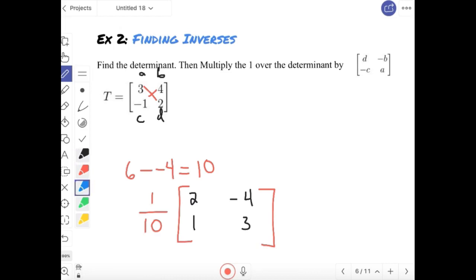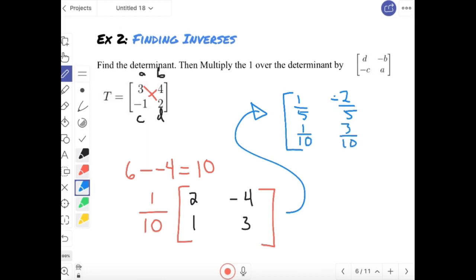So that means I'm going to come back up here. 2 times a tenth would be 1/5. Negative 4 times 1/10 would be negative 2/5. 1 times a tenth would be a tenth. And then 3/10. Okay, so this would be my inverse matrix.